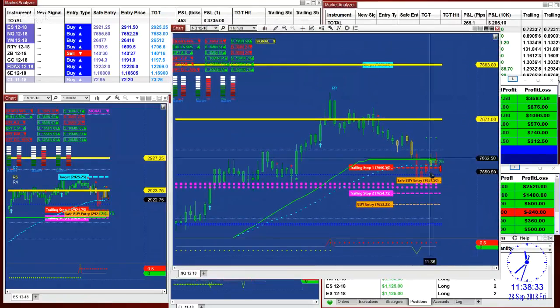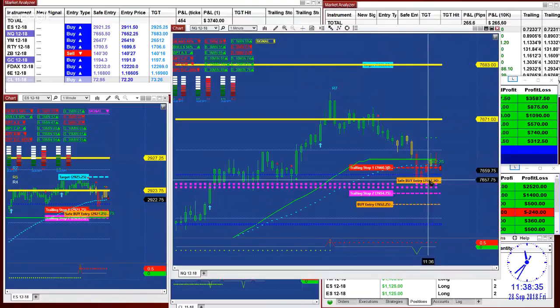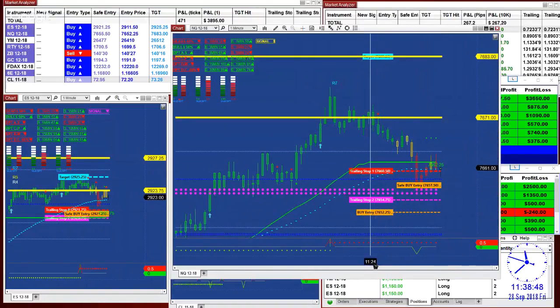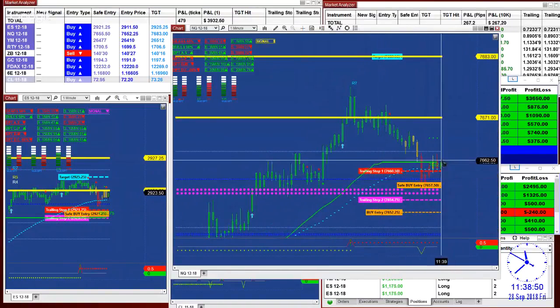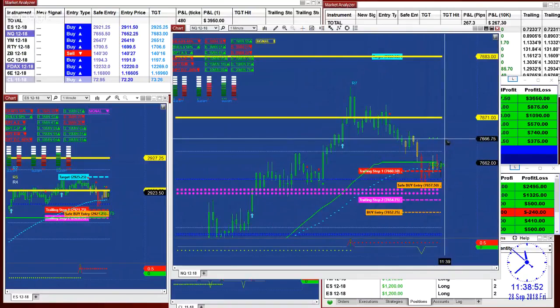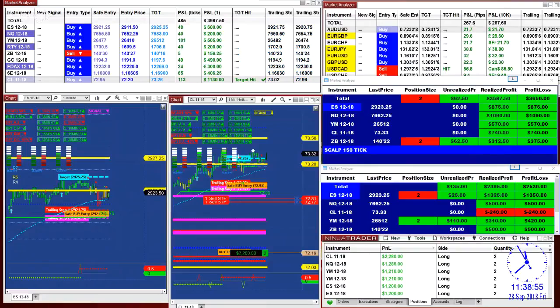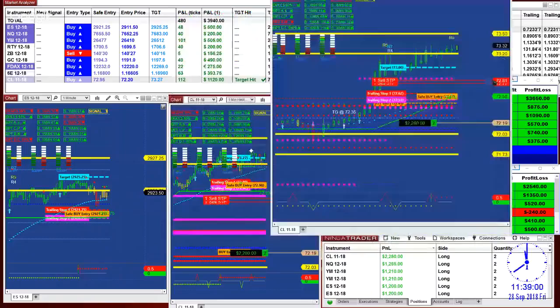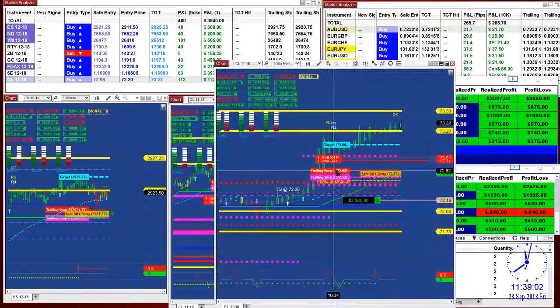NASDAQ right now is going back to the pullback re-entry at 57.75. And now we are going back up again, and we have a projection at 66.75. CL, we called that trade a long time ago.